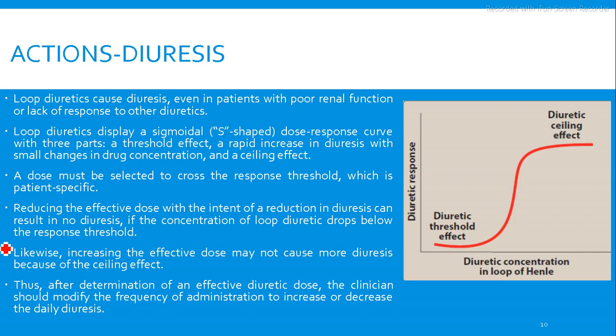But once the concentration at the site of action reaches this value, a small increase in the concentration will cause a rapid increase in diuresis. You can see this rapid increase in the diagram itself. The diuretic response increases rapidly with a small increase in the concentration of the diuretic.